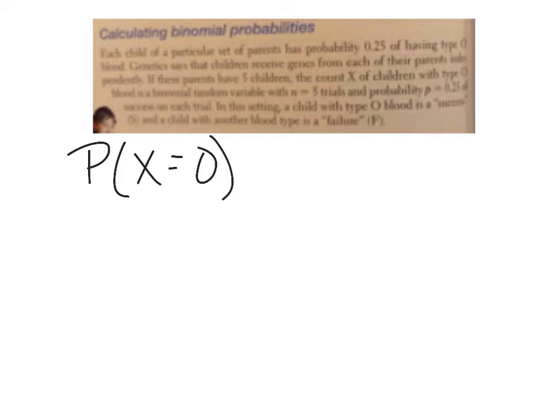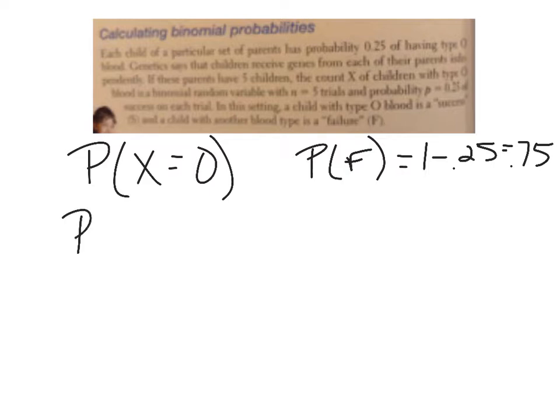The easiest thing to do here would be to use my complement rule to find the probability of a failure. If the probability of a success is 0.25, then the probability of a failure is 1 minus 0.25. So my probability of not having type O blood is 0.75.